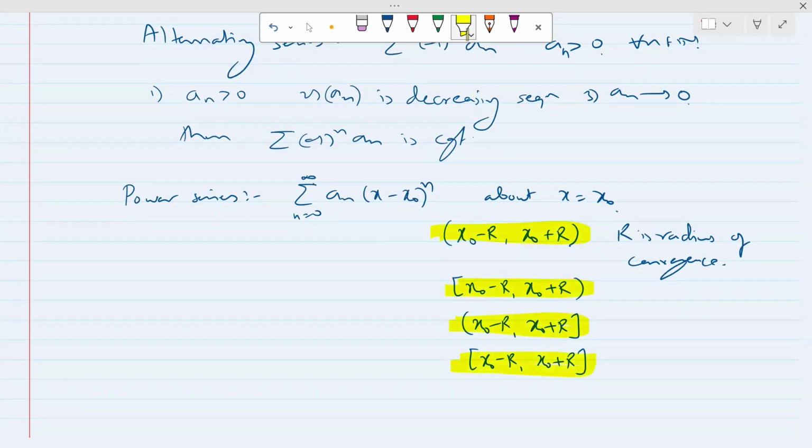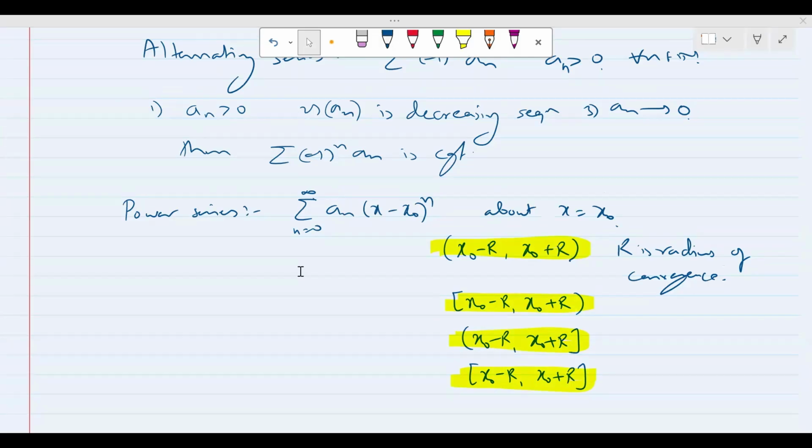It depends on the boundary points, whether they are included or excluded. Depending on that, we have the interval of convergence for the given power series. Is it okay? Yes, sir. Okay, let's move on to solving some problems.